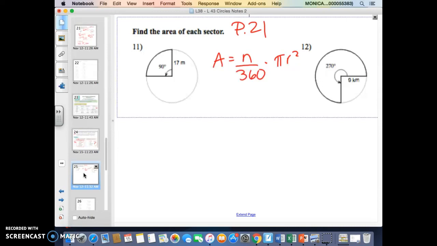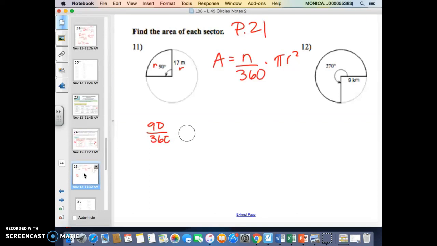Okay, so let's label our stuff. This is n and this is r. So it's going to be 90 over 360 times pi times 17 squared.